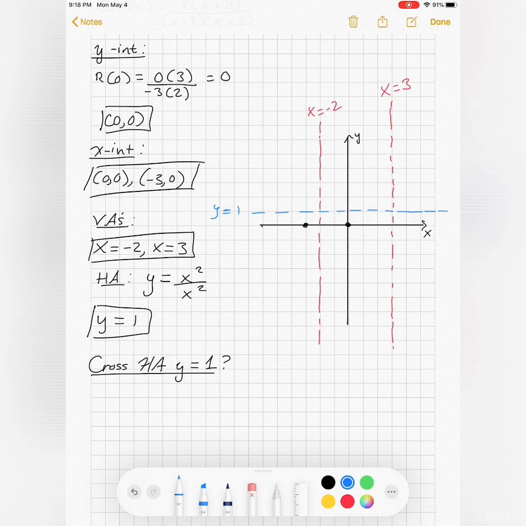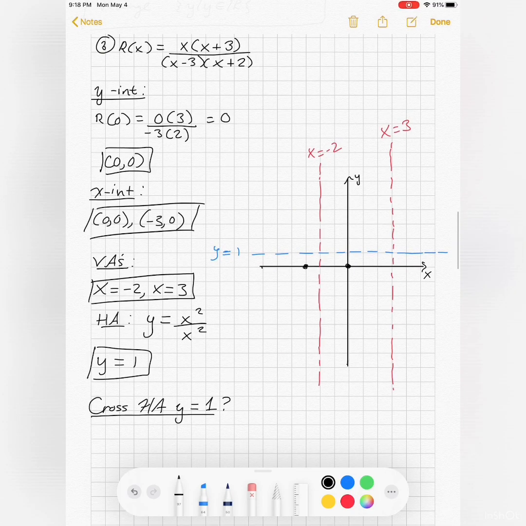Okay, so how am I going to do that? I have to ask, is the function, so where's the function? x times x plus 3 over x minus 3 times x plus 2. Is that function ever equal to the value 1? In other words, is the y ever equal to 1? So what I'm doing here, in general, is setting r of x equal to the horizontal asymptote.